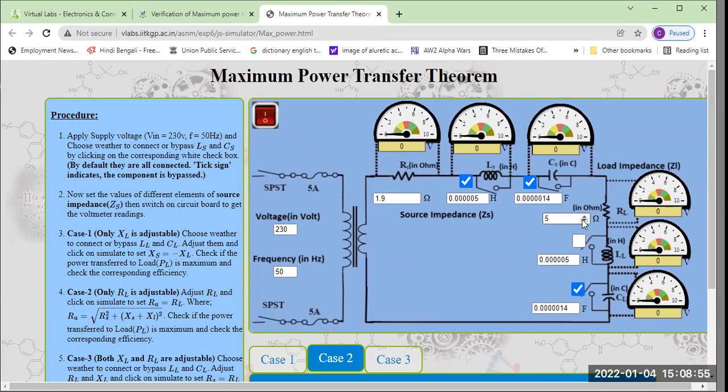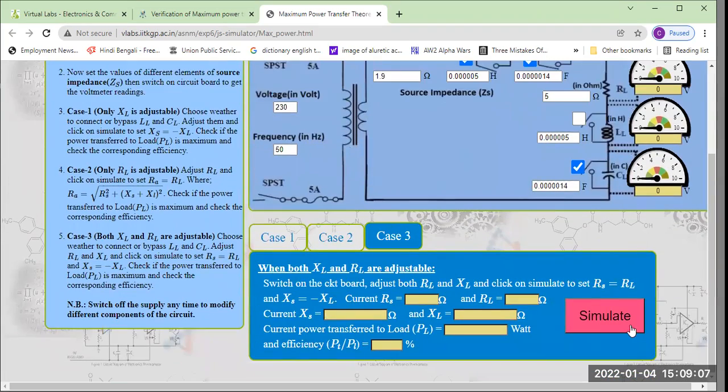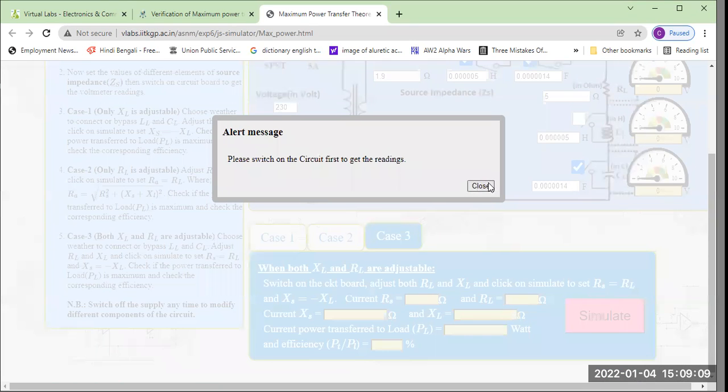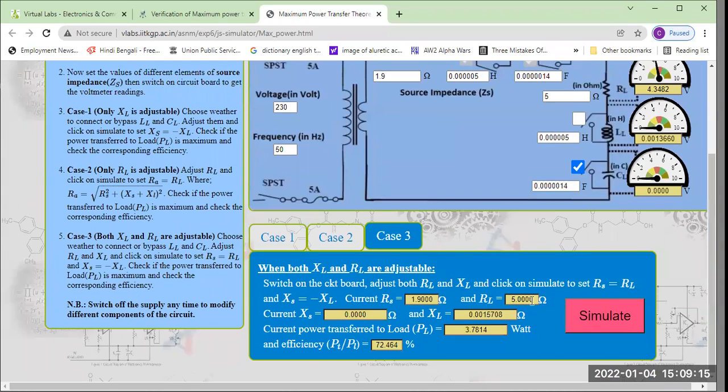Look, first we bypass this LL. Okay, then simulate. You can see your efficiency is 72.464.